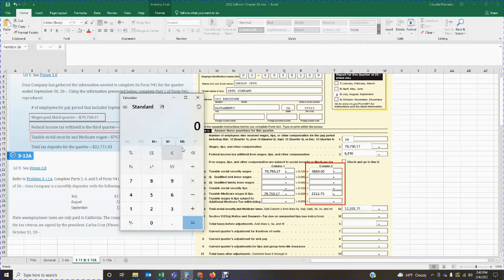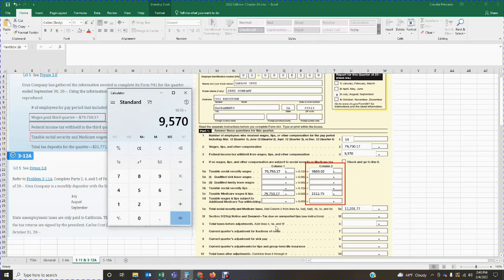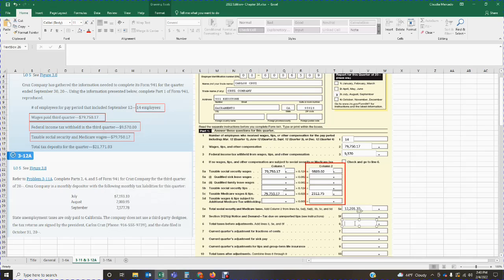So I'm going to get my calculator out. Line 3 is 9570. And then my line number 5E is 12,201.77. That gives me 21,771.77. Okay. So that is the total taxes before adjustments.